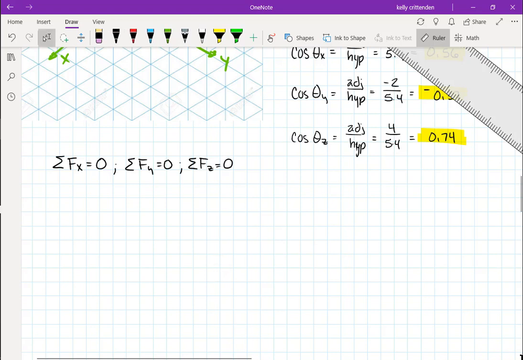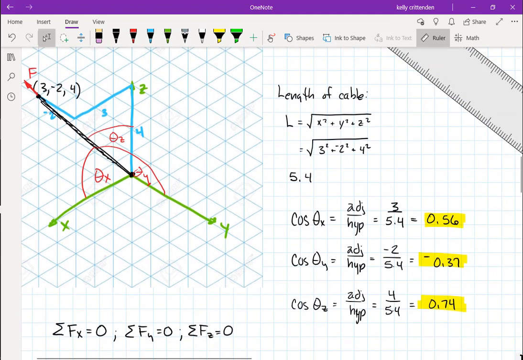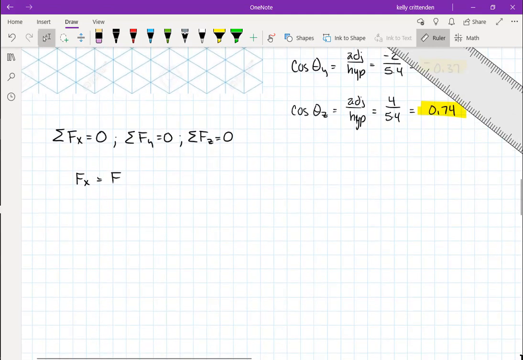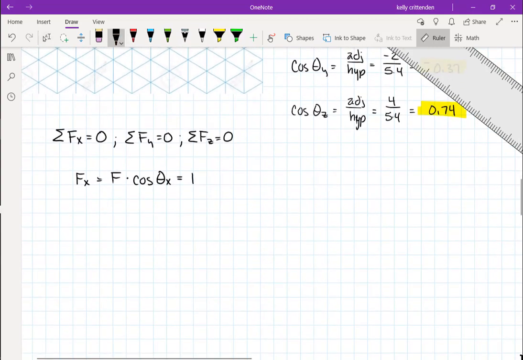So part of each one of those equations would be, I'd need to know the force components in x, the force components in y, and the force components in z. So Fx for the one force that I have shown, the one that I drew up here in red, would equal F times cosine theta x, which I know cosine of theta x is 0.56. So F times 0.56.